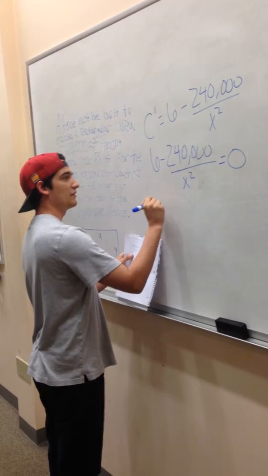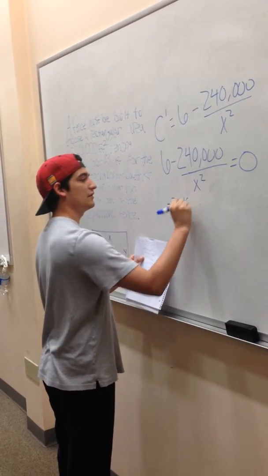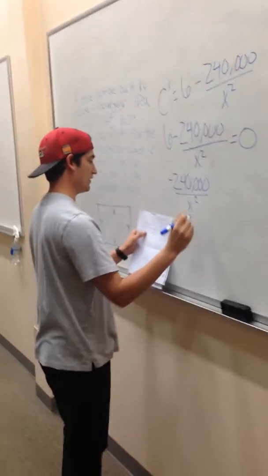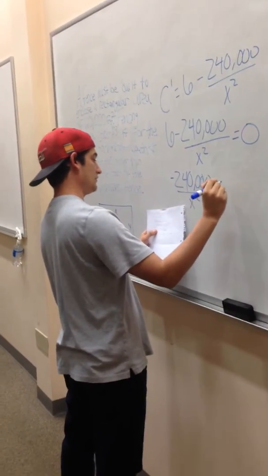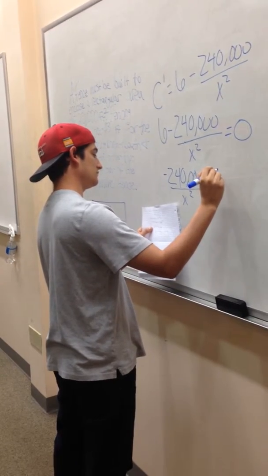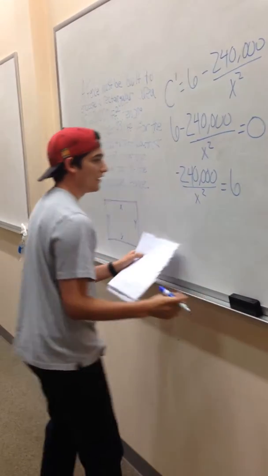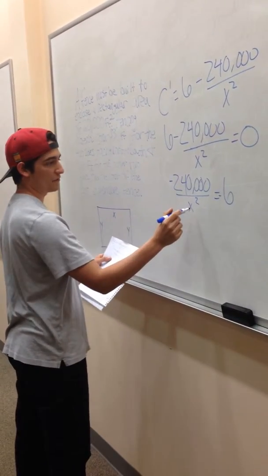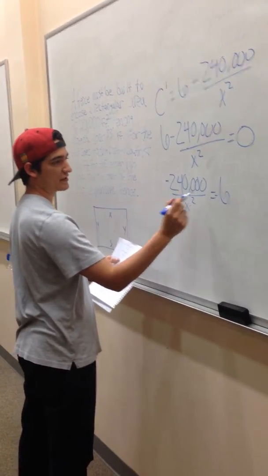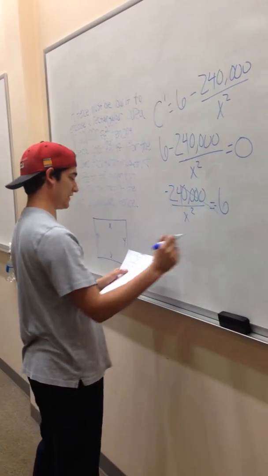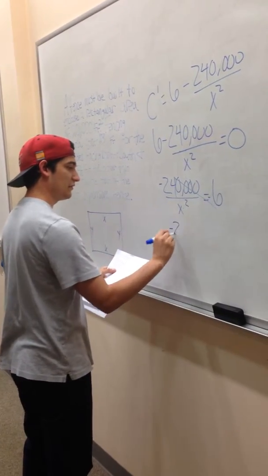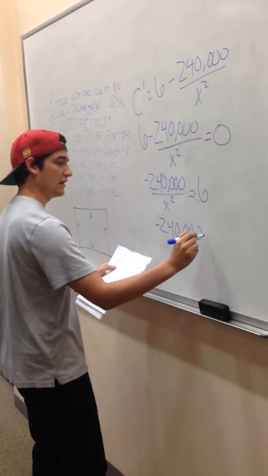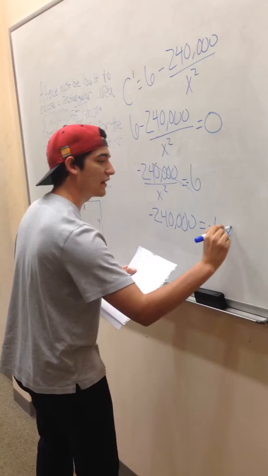So let's take away the 6: negative 240,000 over x squared equals negative 6. And we're going to multiply this x squared on both sides, so this cancels out, and we get negative 240,000 equals negative 6x squared.